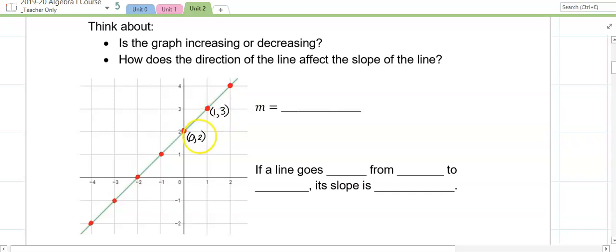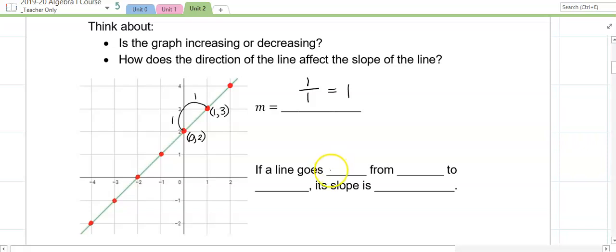I'm going to start with these 2 points. I'm going to count how far up do I rise, which would be 1, and how far do I run, also 1. So my slope is 1 over 1, or I could just write 1. Either one would be correct.